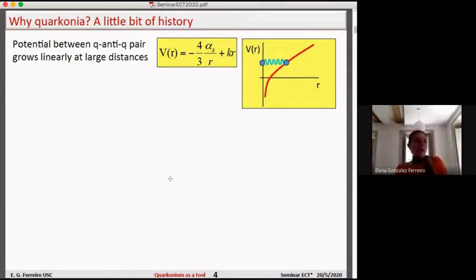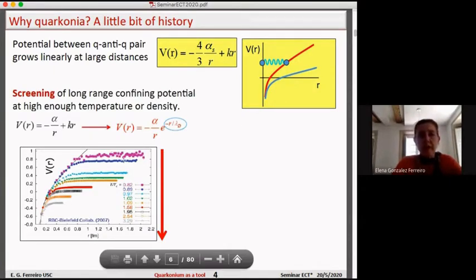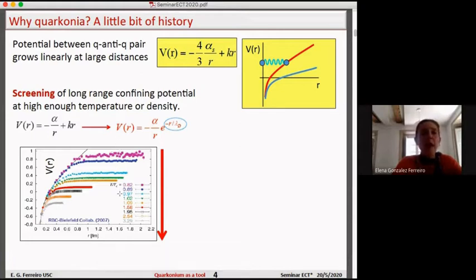Why quarkonia? Quarkonia as evidence of this quark-gluon plasma. Well, the idea is, as you know, that the potential between a quark and an anti-quark pair grows linearly at large distance, as it is here. But if you increase the temperature, like here you are increasing the temperature from up to down, you will have a screening of the long-range confining potential, and you will obtain a potential that behaves like this.